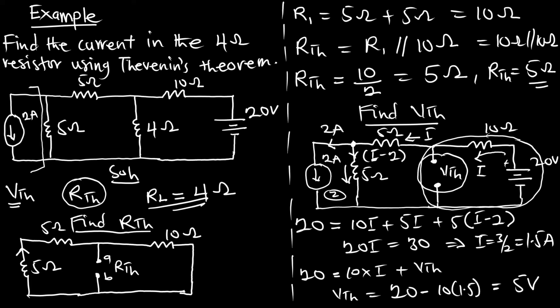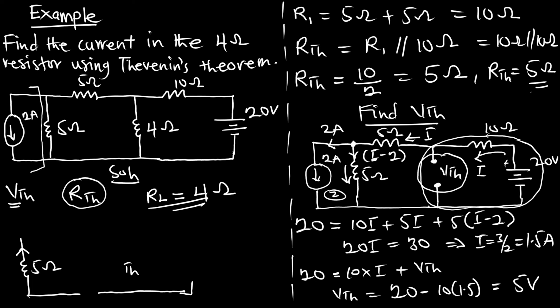So our VTH here is 5 volts, and we have our RTH also to be 5 ohms, and we have our load resistance to be 4 ohms. So we can find the current by combining these 3 parameters in series to each other to get the current passing through the 4 ohm resistor. Very simple.